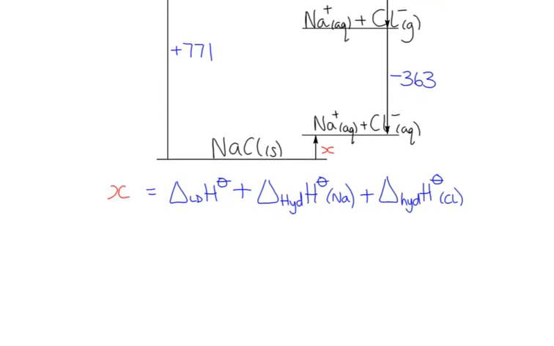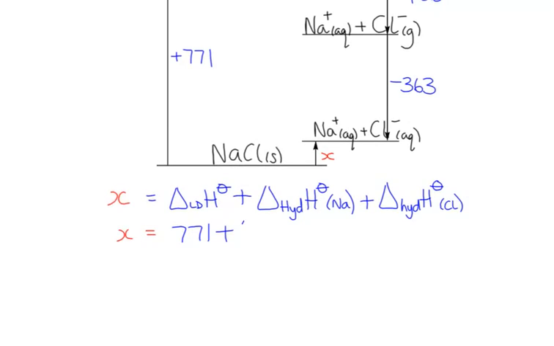If we put those numbers in, x is equal to 771 plus -406 plus -363. If you type that in your calculator, you should get a value of +2 kilojoules per mole. And now you can see why they drew that arrow pointing up, because it's a positive amount.